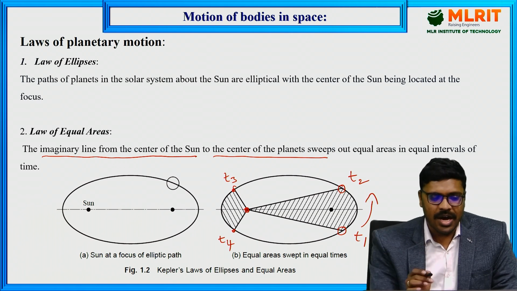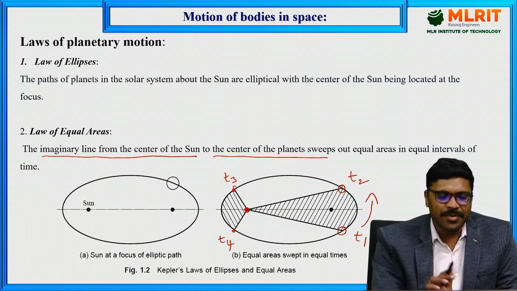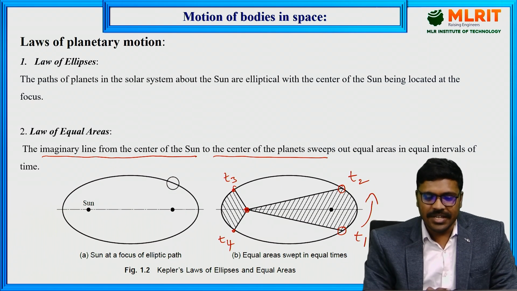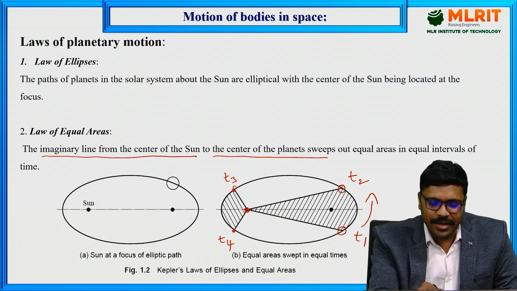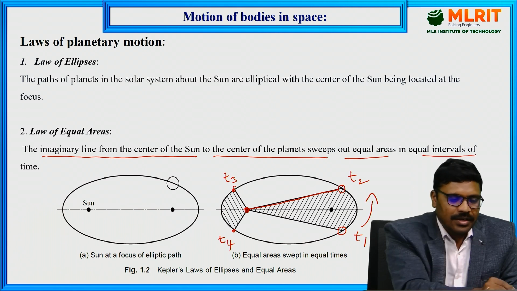According to the law of equal areas, if you draw an imaginary line from the center of the sun to the center of the planet, it sweeps equal areas in equal intervals of time.